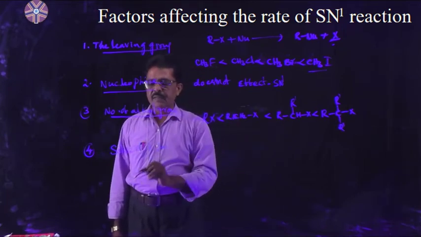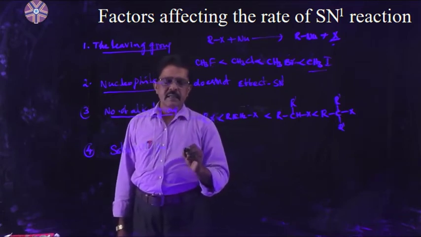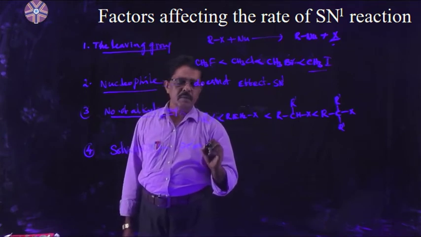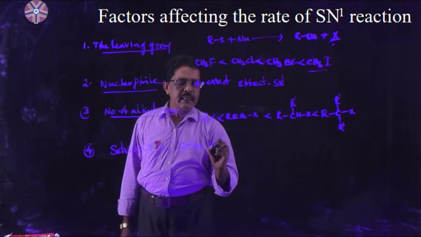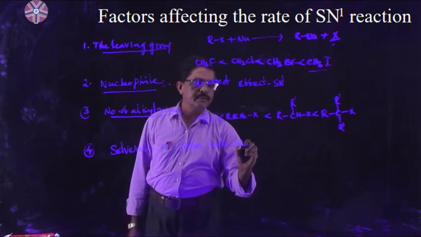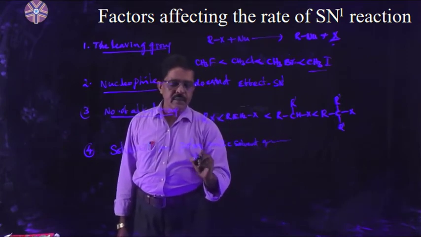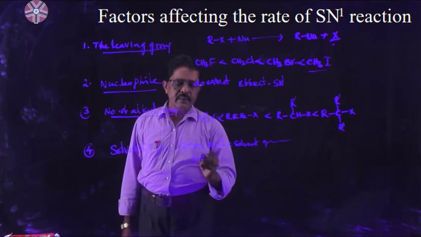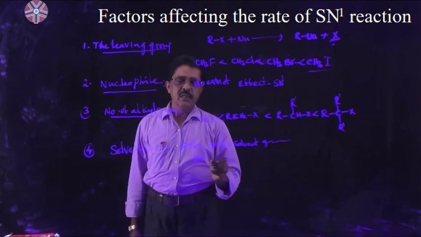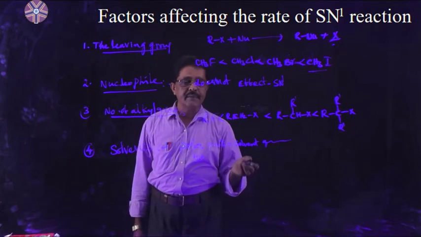Then fourth influencing factor, solvents. The solvents for SN1 reaction are polar protic solvents. Polar protic solvents, such as water, are good for SN1 reaction. This polar solvent solvates the carbocation and forms hydrogen bonds with the leaving group.